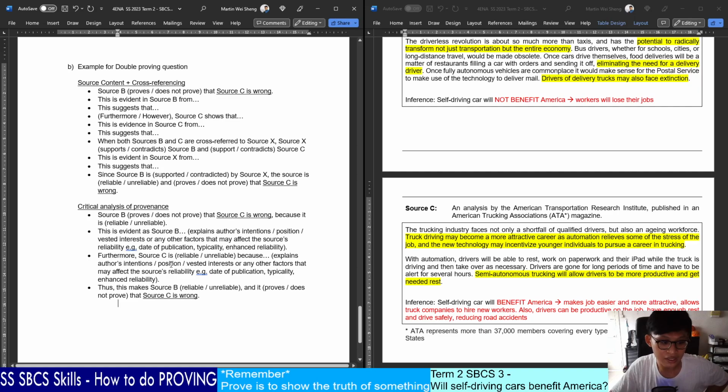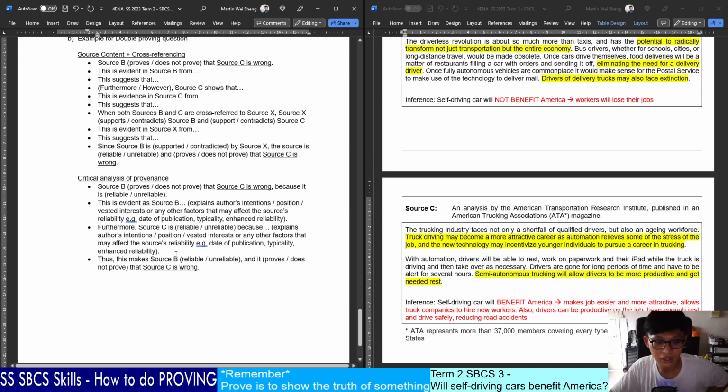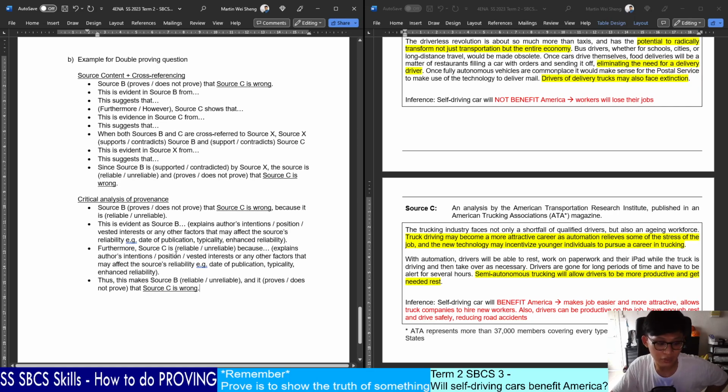So in this case, you would have 4 sentences: answer the question directly, then do CAP for B, do CAP for C. Finally, you would simply have to conclude, based on the reliability of source B, and then say whether it proves or does not prove that C is wrong. So this is the sentence starter for your double proving, based on the CAP. And so with that, we are done.